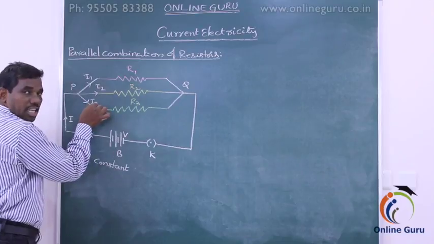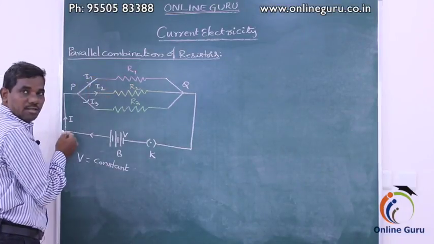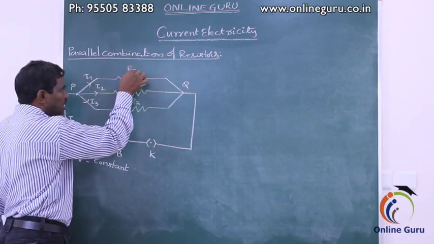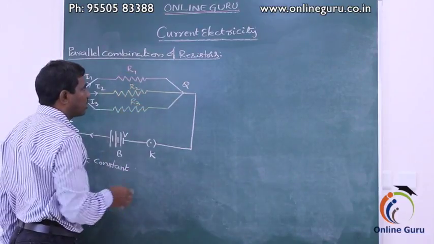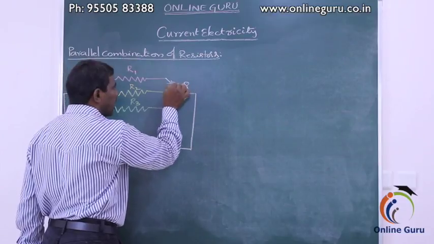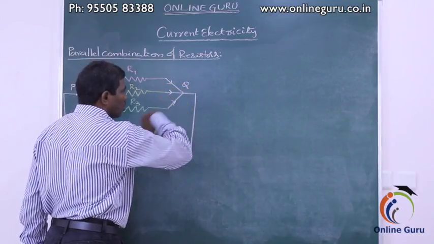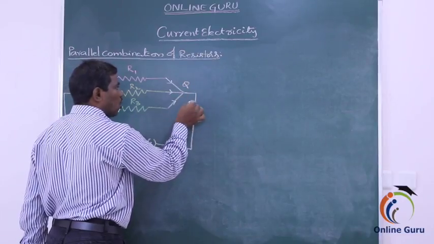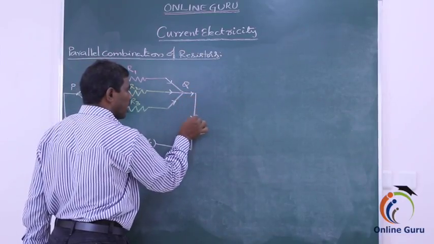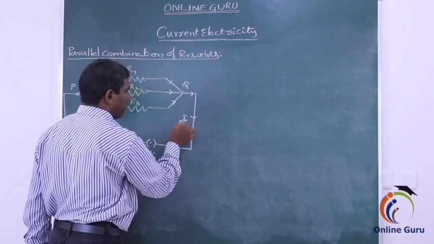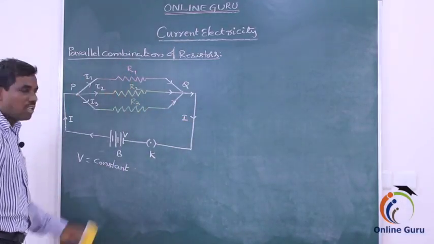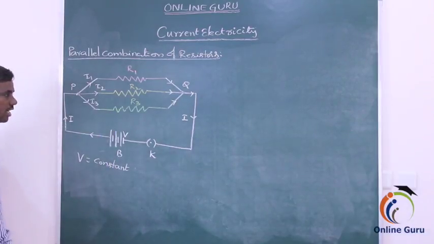I1, I2, I3 are the three currents that divide at junction P and pass through the resistors R1, R2 and R3. Again they join at junction Q and become the current I. Therefore, the total current in the circuit remains constant.